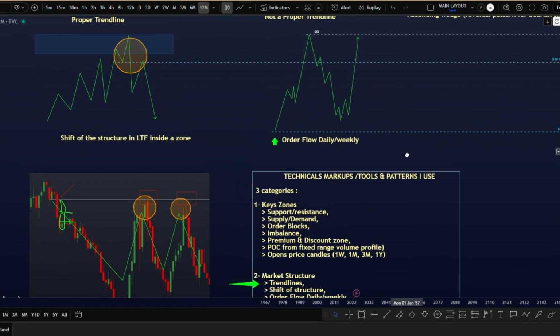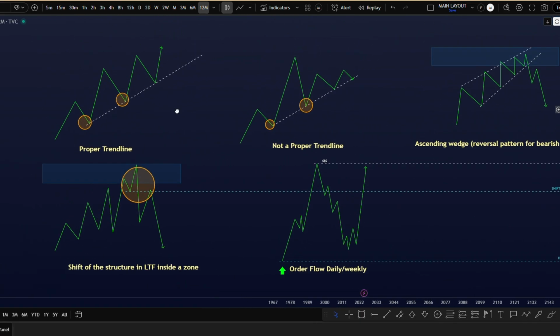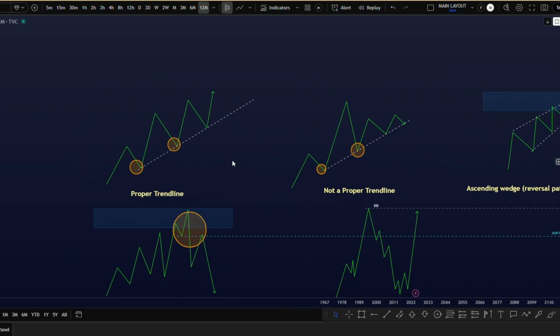Okay. So for trend line, I can see on the internet, through many videos, a lot of people have their own way to draw a trend line. For me, I have a proper way to draw my trend line.